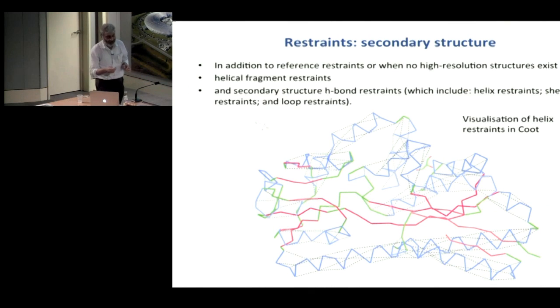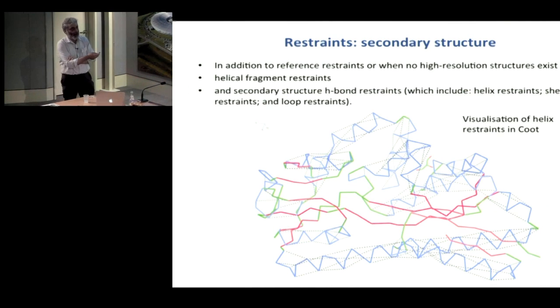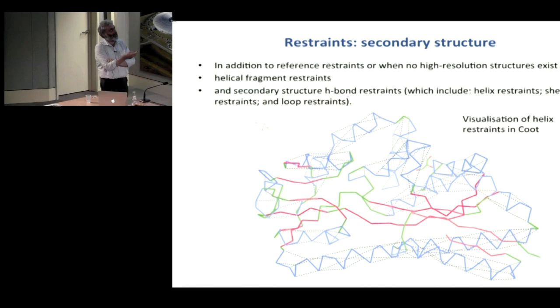Another information I said that we can use is secondary structures. We know that proteins tend to form alpha helices and beta strands, and alpha helices and beta strands have certain patterns.